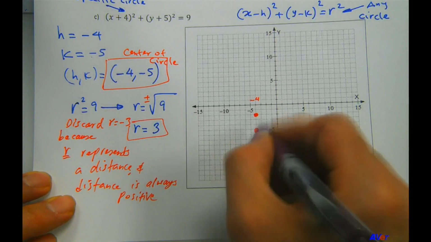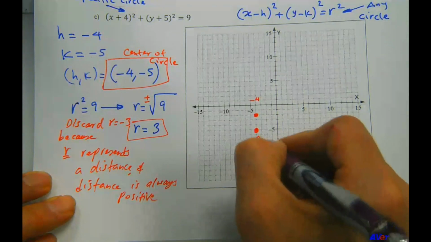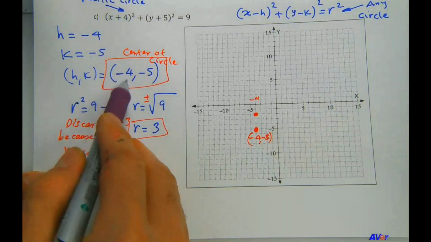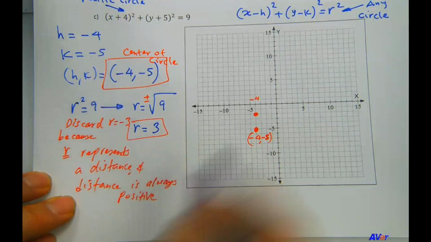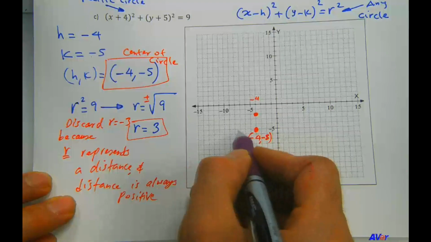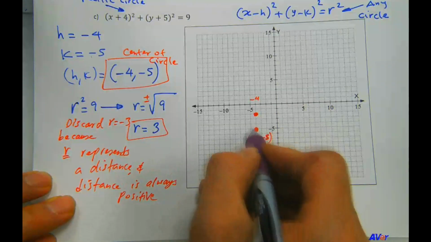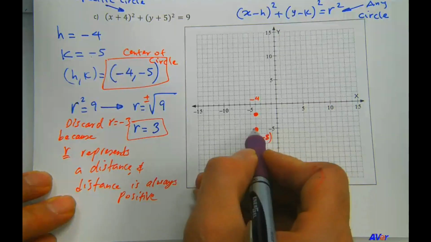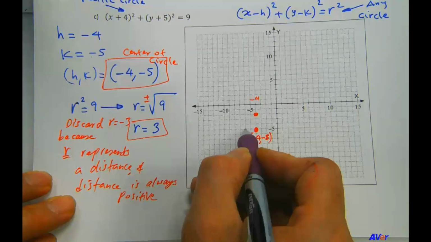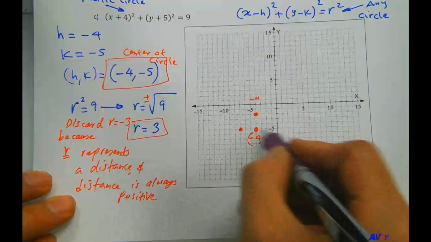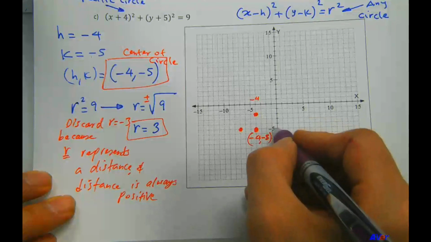So then another 3 units on this side. If this is negative 4 comma negative 5, then 3 units on this side would be negative 7. So negative 4, negative 5, negative 3, negative 6, negative 7, right there. 3 units on this side, so it will be negative 1.